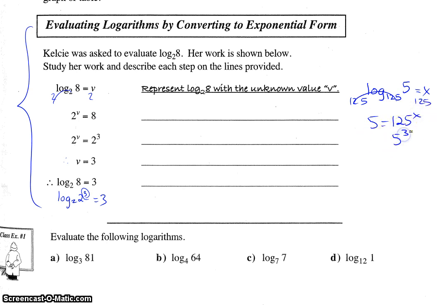Replace 125 with 5 cubed, and then the x is still on the outside. Okay, so 5 to the 1 equals 5 to the 3x, and therefore the exponents equal each other, and you discover that x would equal 1/3. So in other words, the value of that log base 125 of 5 is 1/3. So that might be a situation where it's not obvious by changing 5 into a power base 125 what the value of that would be.